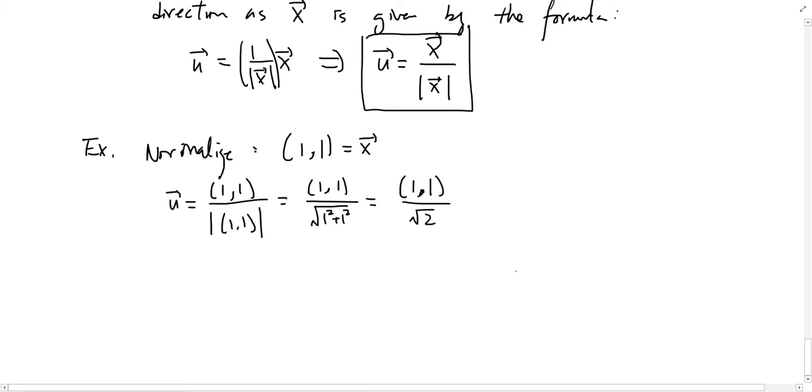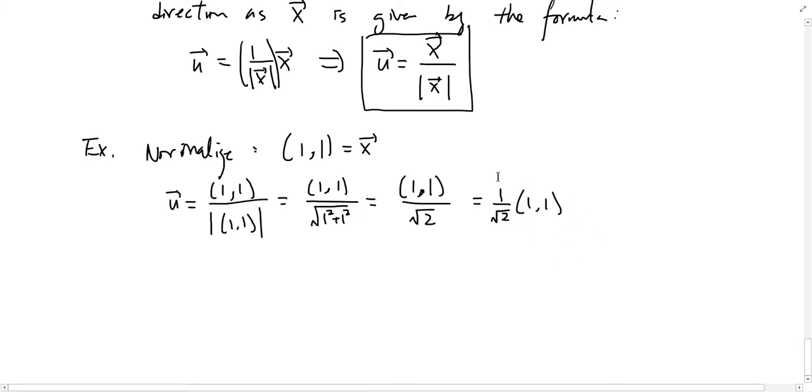There are several ways you can write your answer. I prefer you write it as a scalar multiplication rather than radical 1 over radical 2. So here's my scalar, 1 over radical 2, multiplied by the vector 1, 1.